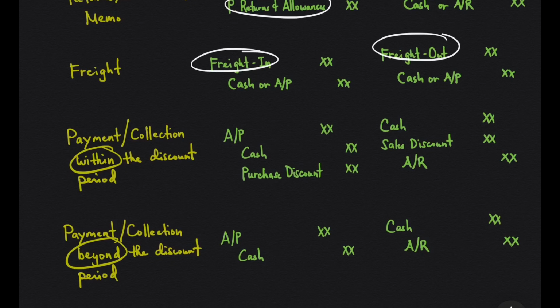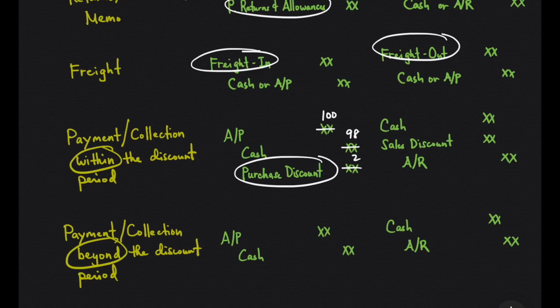So let's try to assume some figures here. Let's say your obligation is 100 and you paid 98. So the discount in this case is 2. And this will explain why purchase discount is credited in the format. Purchase discount here is a nominal account with the normal balance of credit, meaning if you want to increase it, you will credit it.